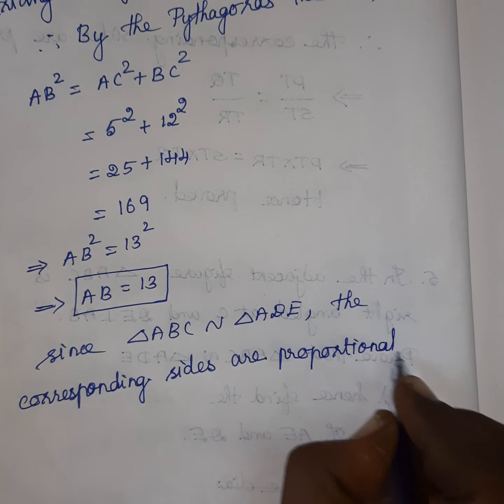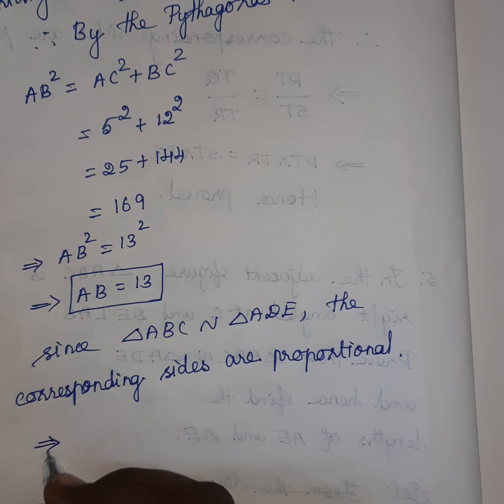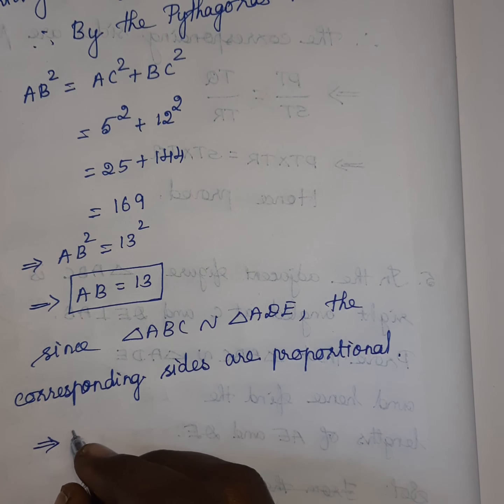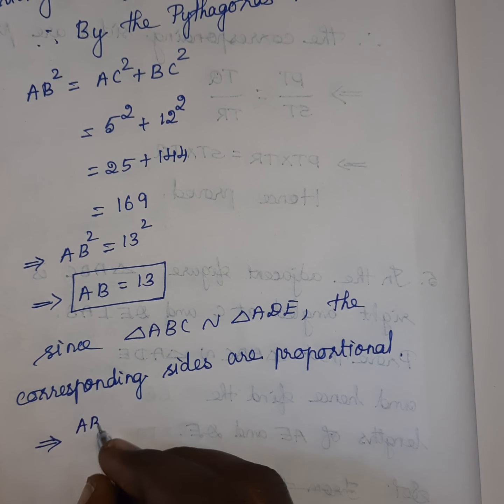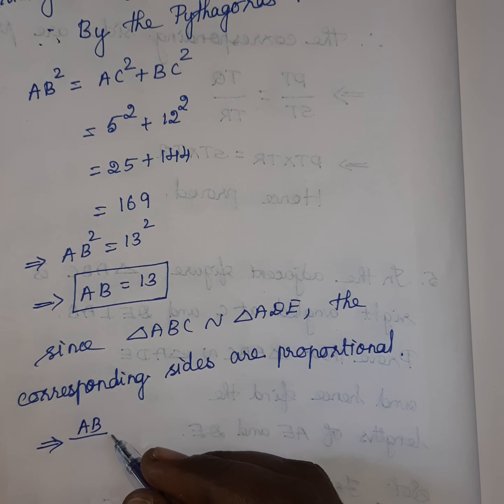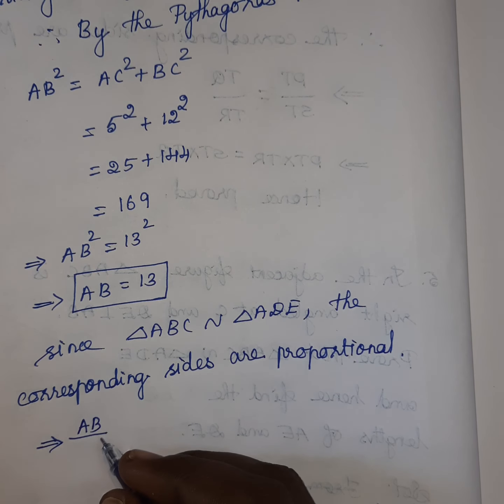So we can write the ratios of the corresponding sides. First of all, you take the hypotenuse of both the triangles. It is AB divided by, since angle E is 90 degree, AD is the hypotenuse. So AB divided by AD.